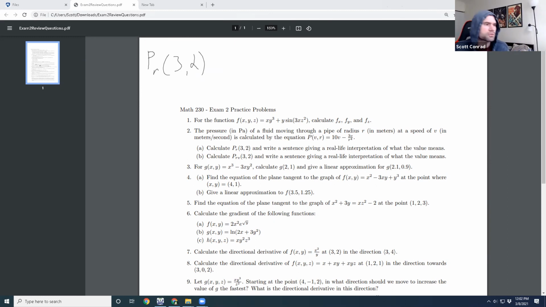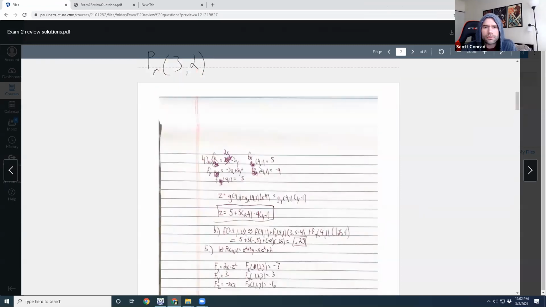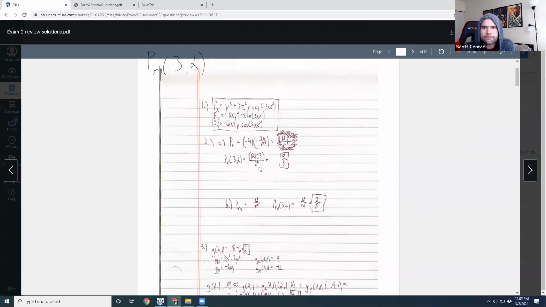What did I calculate the partial with respect to r at 3, 2 to be? 9/8.